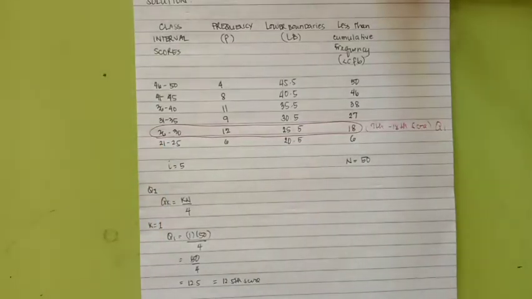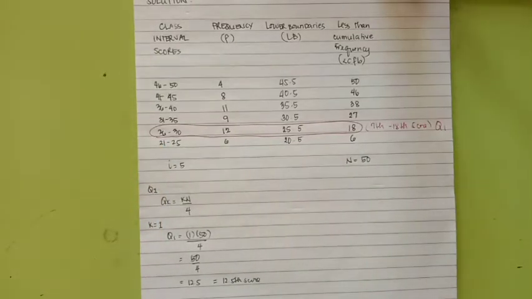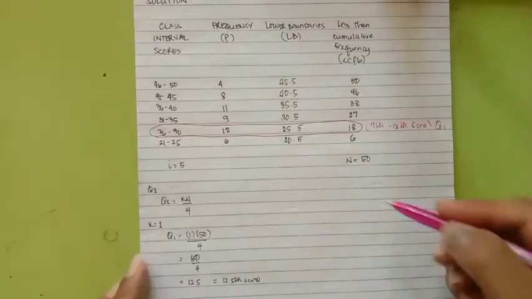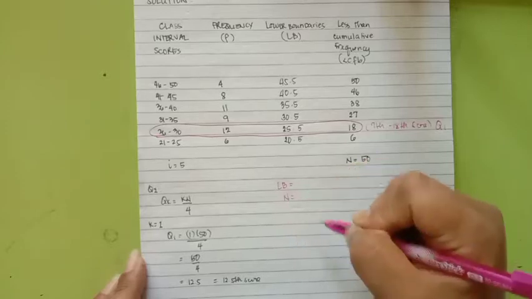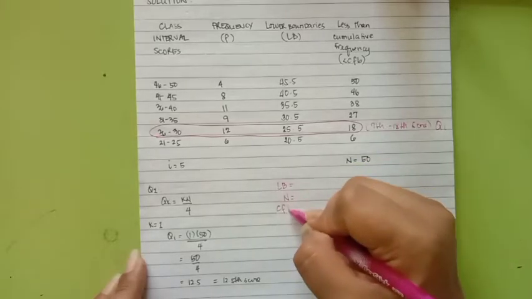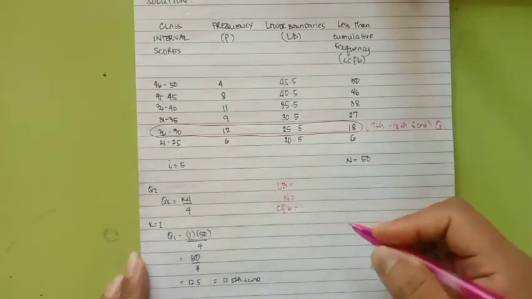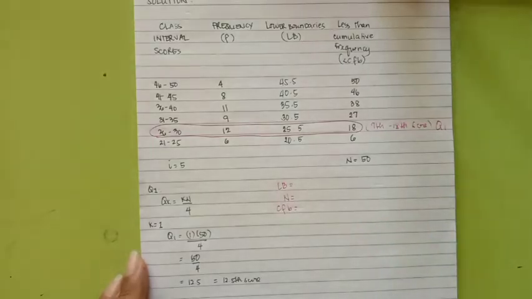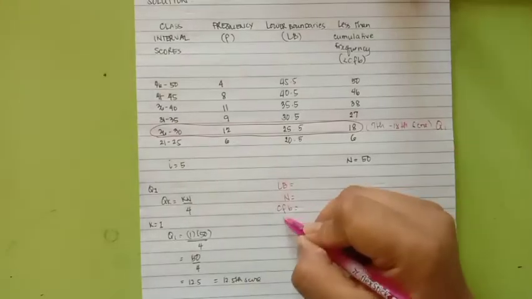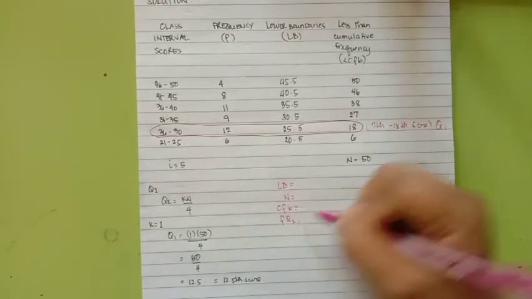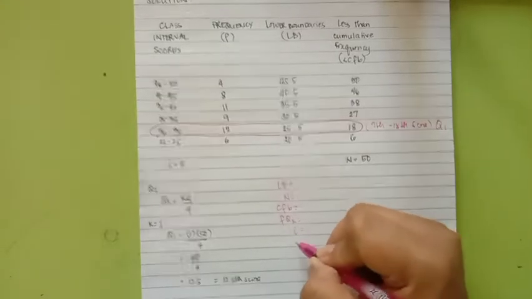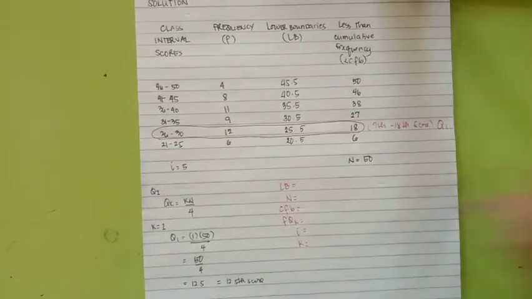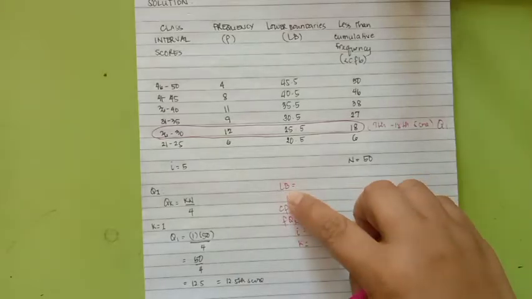Now, pwede na nating kumpletuhin yung mga variables natin. Ano-ano yung mga variables natin? The lower boundary, yung N, the total frequency, the CFB, the cumulative frequency of the class before the quartile class, and then we have the FQK, or the frequency of the quartile class, the I, and then the K. So, una, the lower boundary.